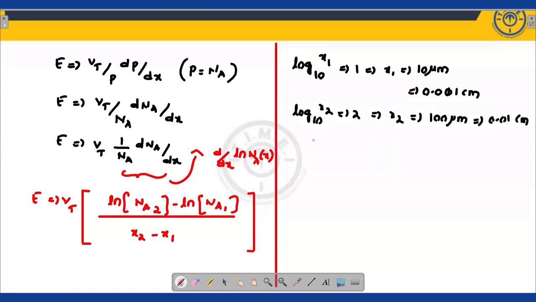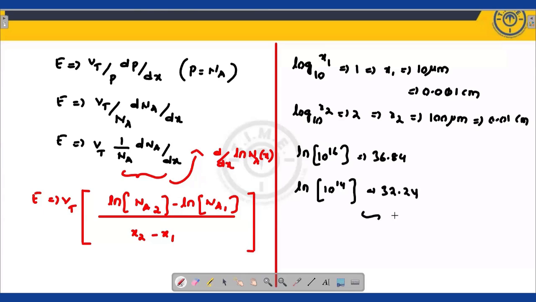So here ln of 16, which is equal to 36.84, ln of 10 power 14, which is equal to 32.24. This is what, my dear students, over here.